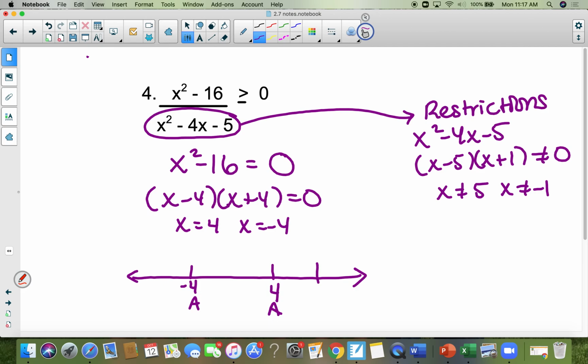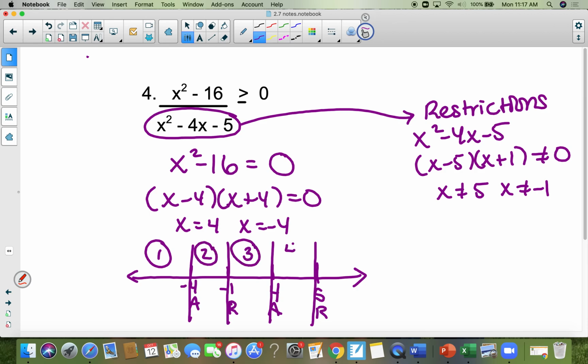So at 5, which is here, you have a restriction, and at negative 1, which is in between those two, you also have a restriction. That's why this is time consuming, because you have 1 zone to try, 2 zones to try, 3 zones to try, 4 zones to try, and 5 zones to try back into the original problem. And the original problem is right there.